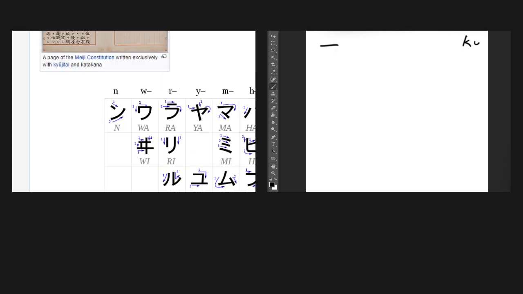All right, so this is ko. Don't even try to guess what mnemonic they're using. It's terrible, I'm sure. So for ko, actually, how do you do this one? Yeah, so it's one stroke from top left to bottom right.